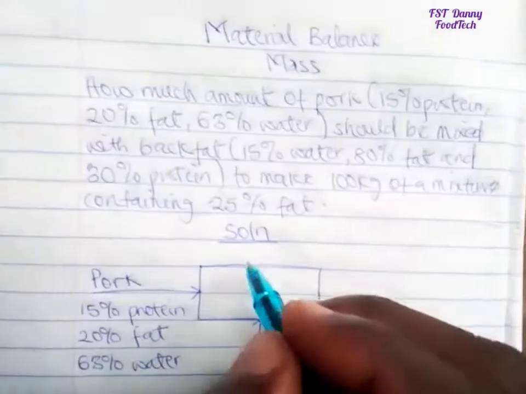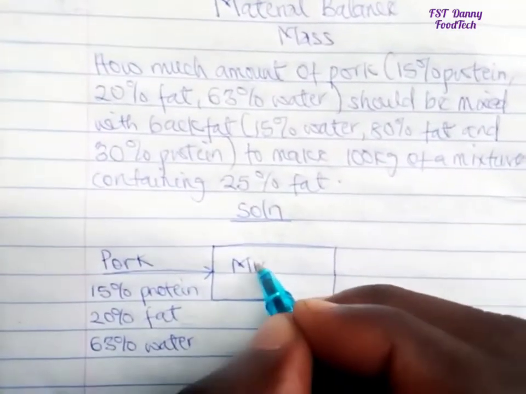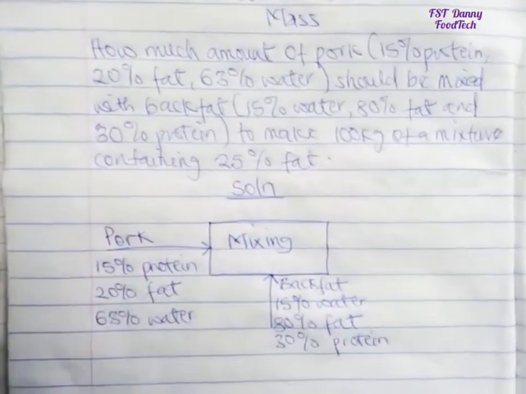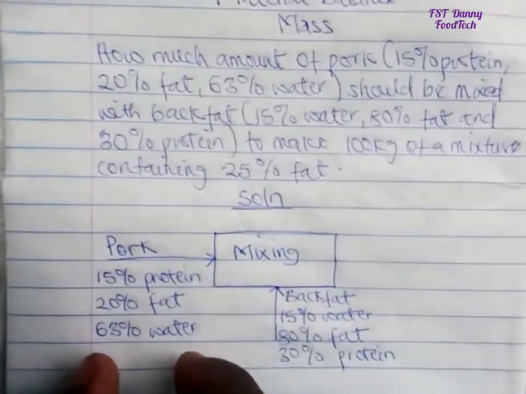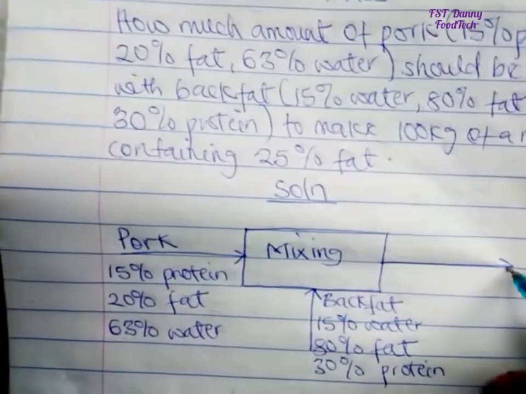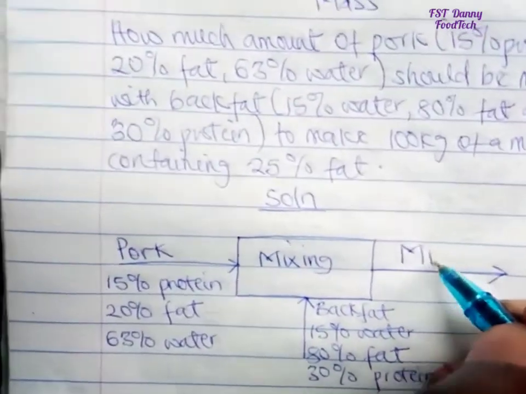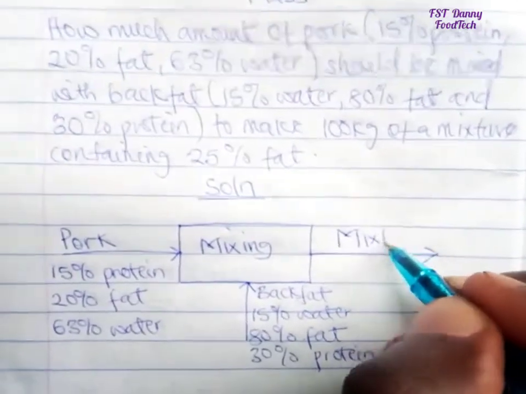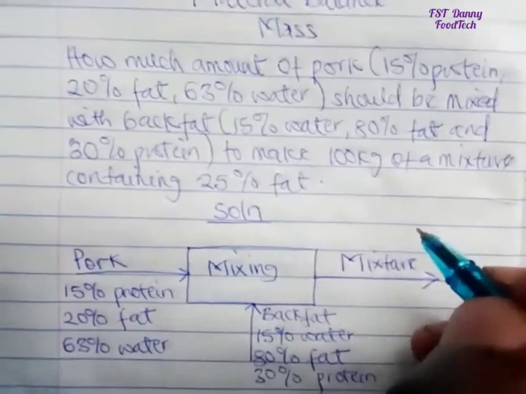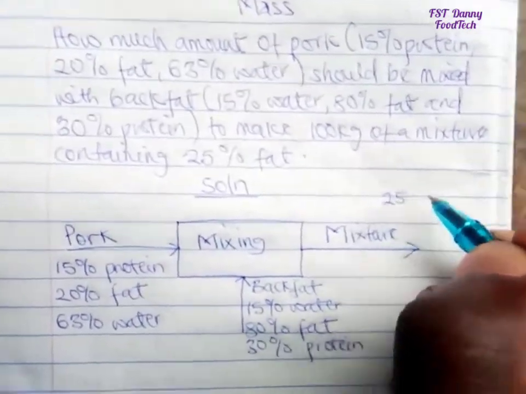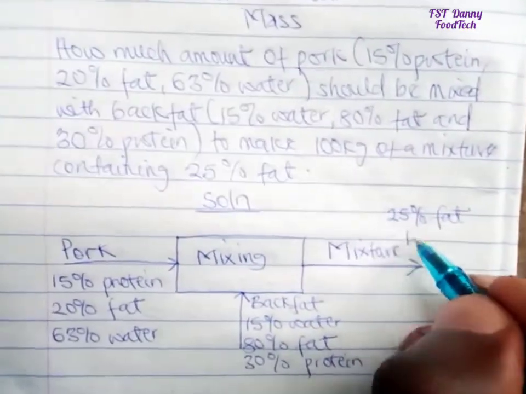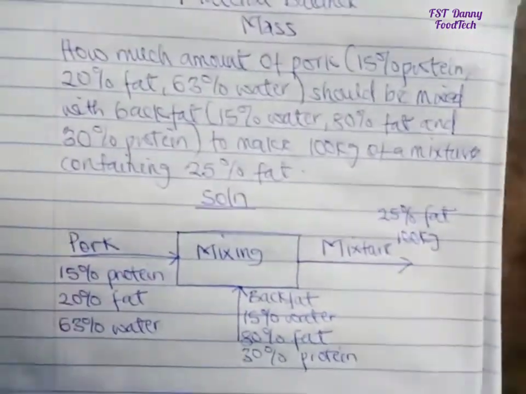Now in this case, we are talking about mixing. So now pork and the back fat with these components were mixed to produce a mixture containing 25% fat, and the amount of this mixture was 100 kg.